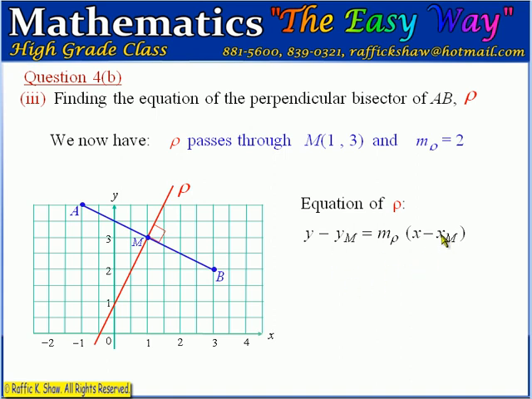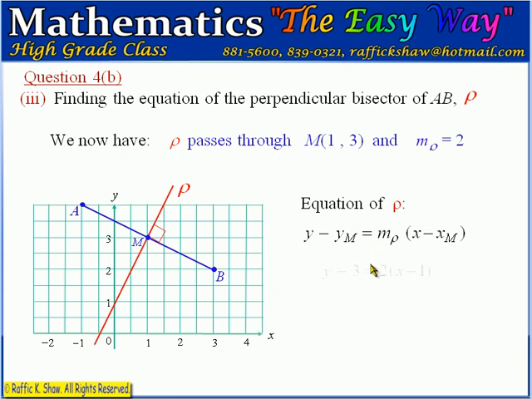Ym and xm here are the coordinates of the point on the line that we know, that's the point M, and m here is the gradient of the line. And all we are doing now is substituting for these values. Ym is the y value from here, xm is the x value from here, and m here is the gradient of the line too.